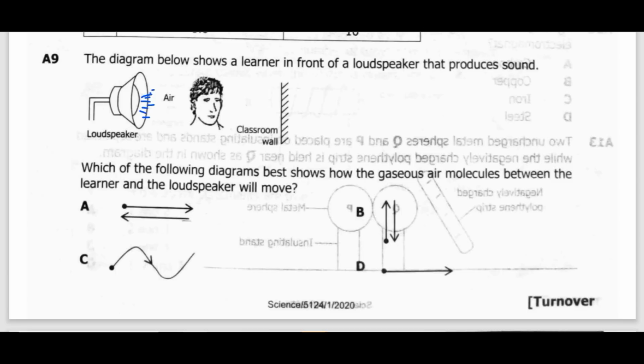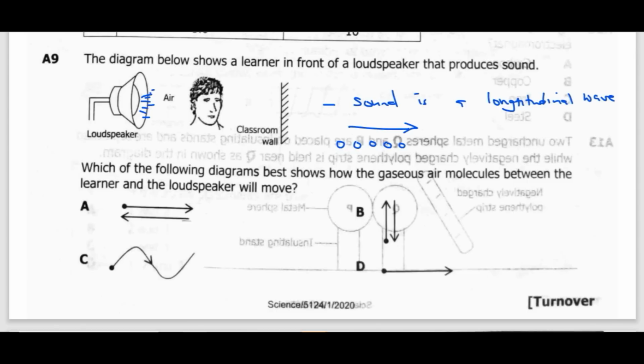So number one, what we have to understand is that sound is a longitudinal wave. So meaning that it will be moving in this direction. Now the particles here, these are particles.